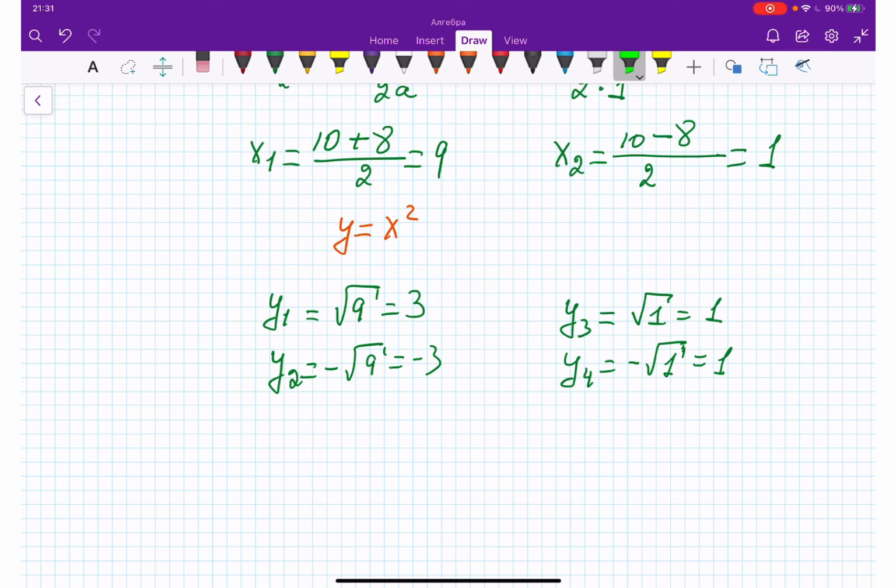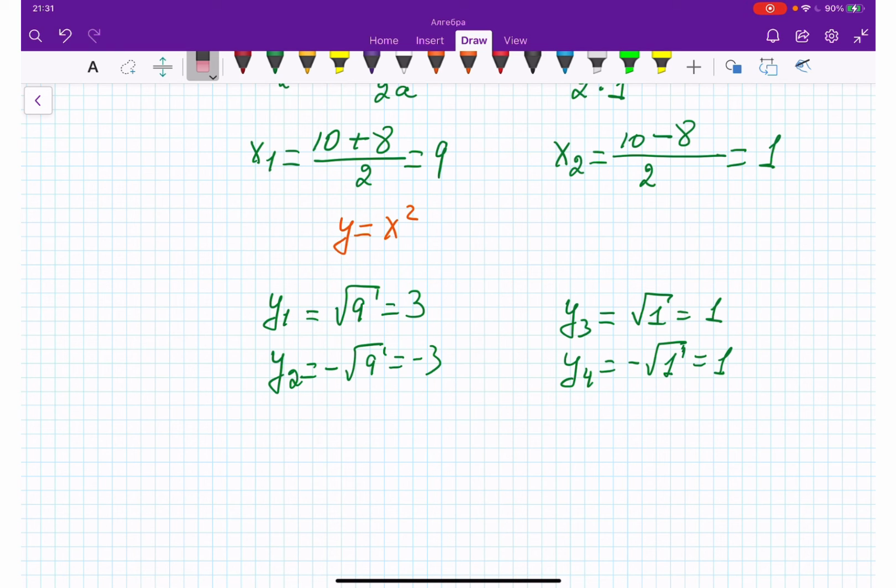Whatever degree the equation has, that is how many solutions it has. A quadratic equation has highest degree 2, that means it has 2 solutions. A cubic equation has degree 3, let's say x cubed plus 2x squared plus whatever, plus x, for example, equals 0. Then it should have 3 solutions.